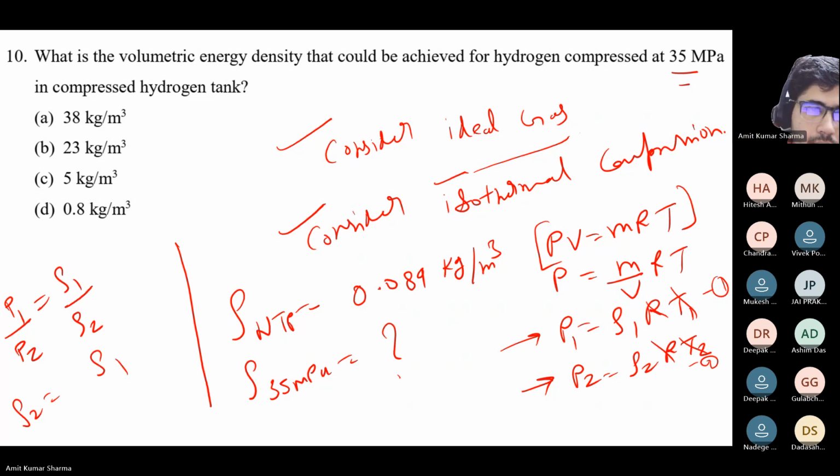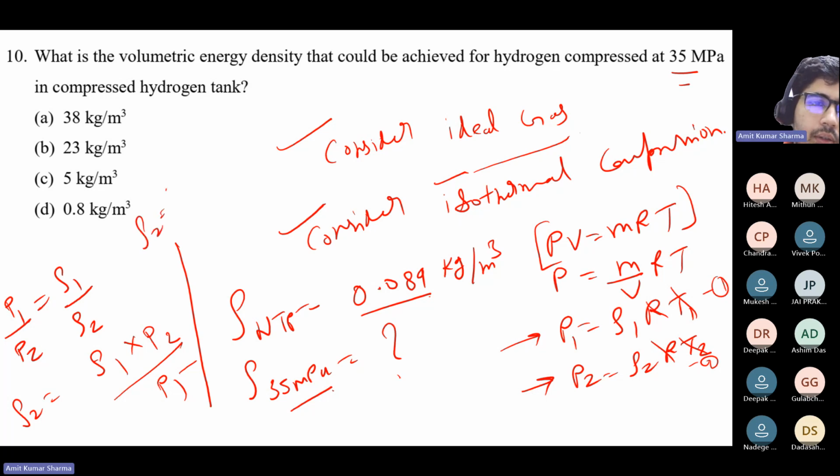So rho 2 will be rho 1 into P2 upon P1. Okay. So P1 you consider 1 atmosphere, and P2 is 35 megapascal, so 350 bar. And rho 1 you have 0.089.